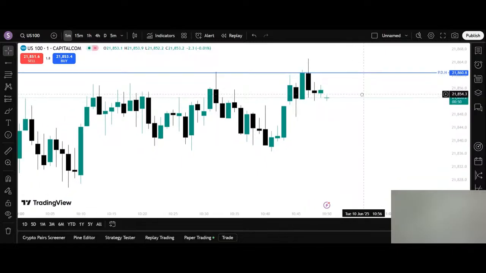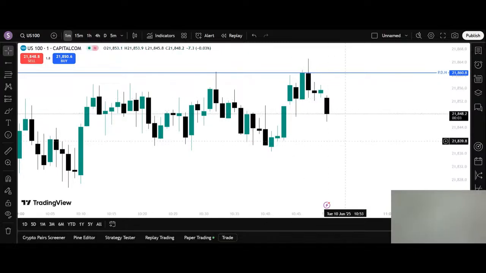I just want to see it go lower. We might just get our precious sell.